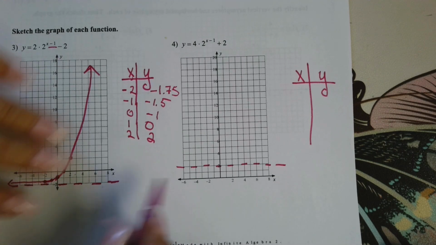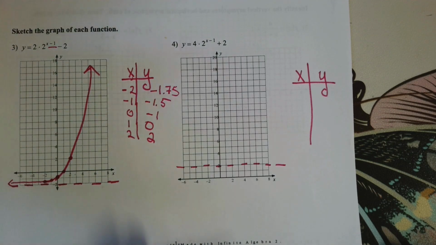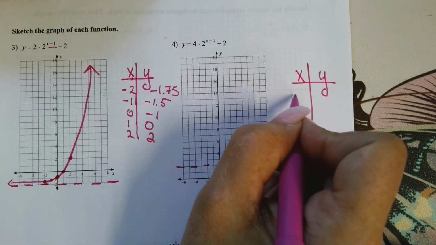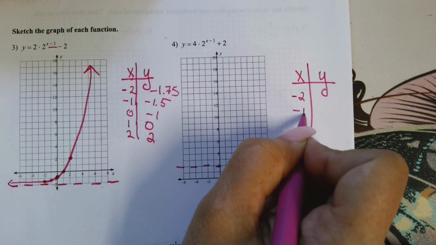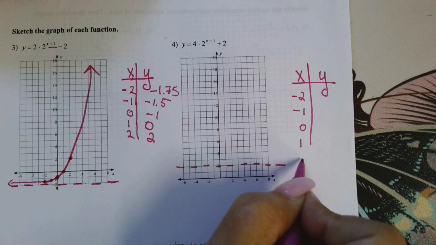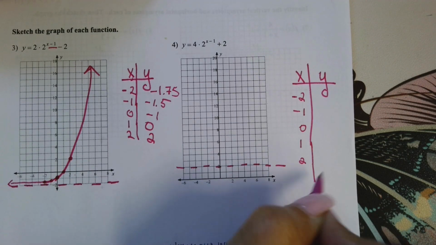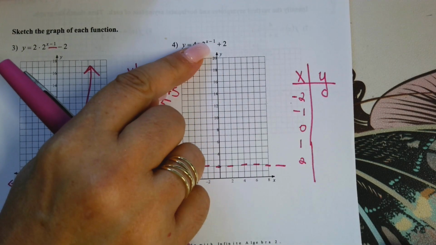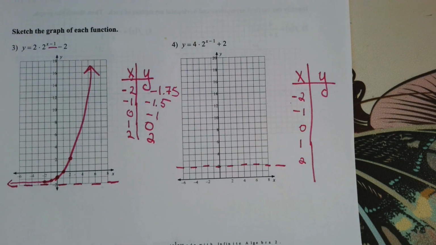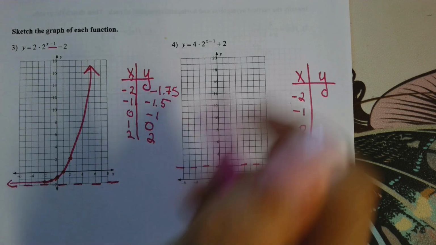Again, I like to pick my favorite points just because they're easy. So -2, -1, 0, 1, and 2. We plug in a -2 here. -2 minus 1, that's -3. 2 to the -3 is 0.125 times 4 plus 2, that's going to give me 2.5.